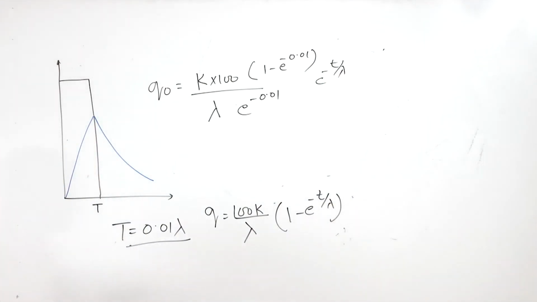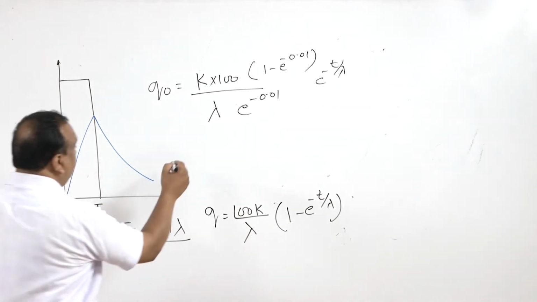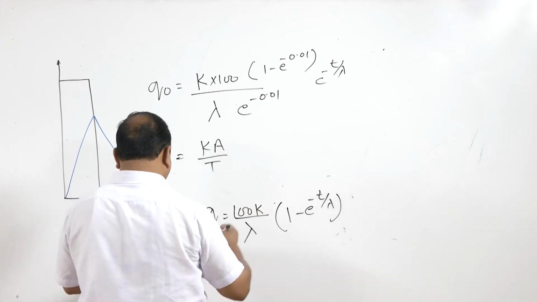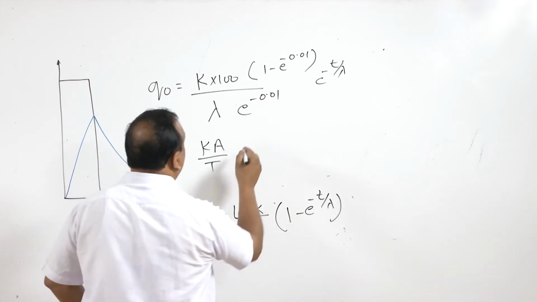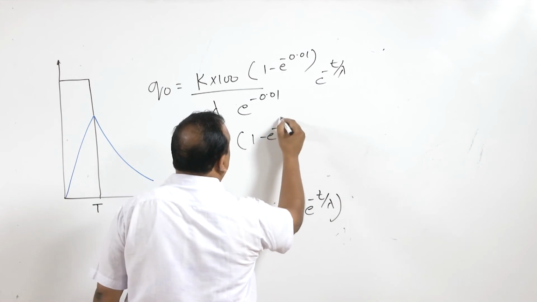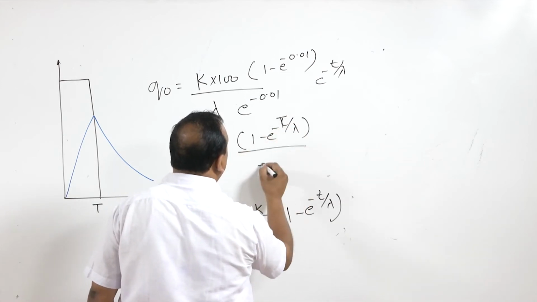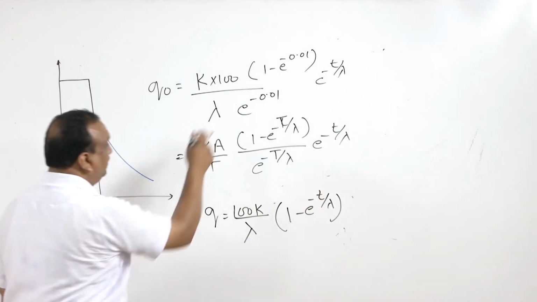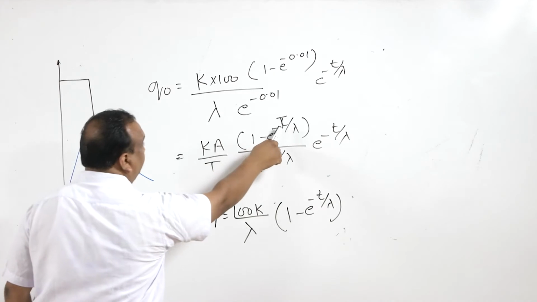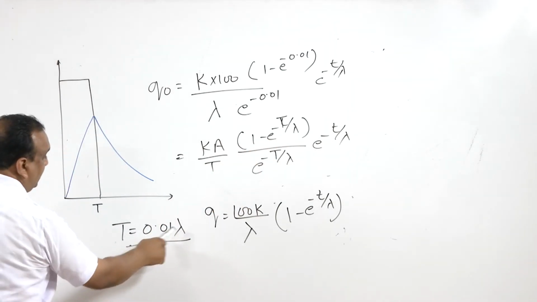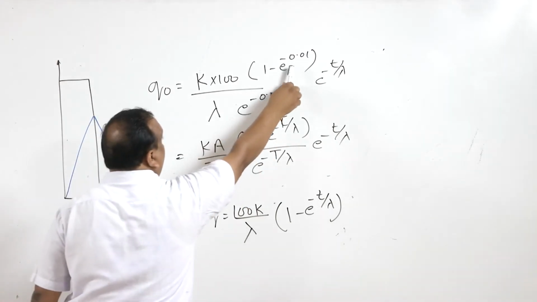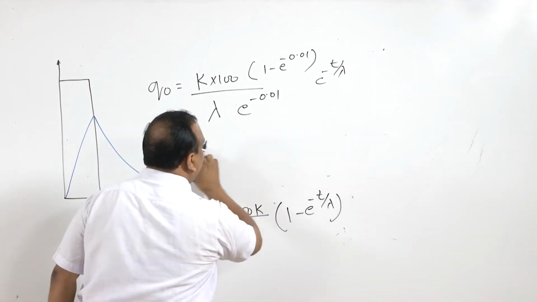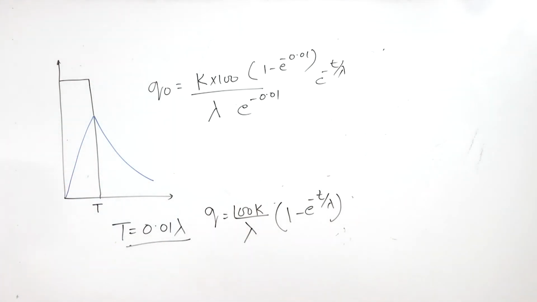This is our approximate solution: Ka by T, 1 minus e raised to power minus capital T by lambda, divided by e raised to power minus capital T by lambda, e raised to power minus small t by lambda. We have just replaced the values here because capital T by lambda is 0.01, and this is our approximate solution, right?